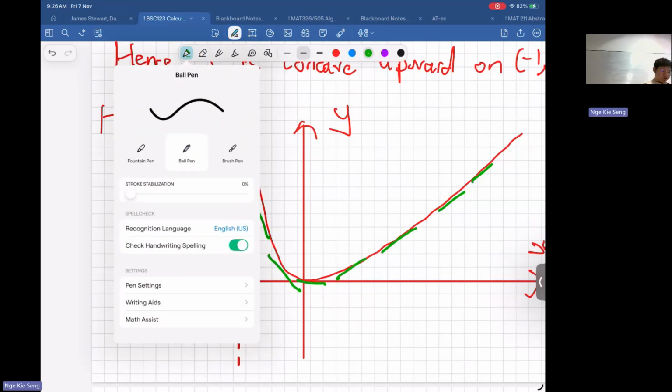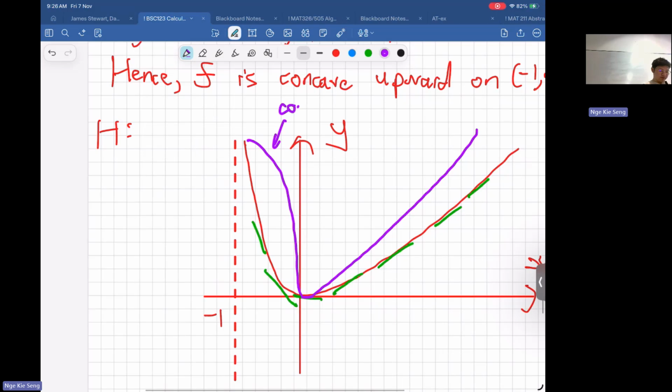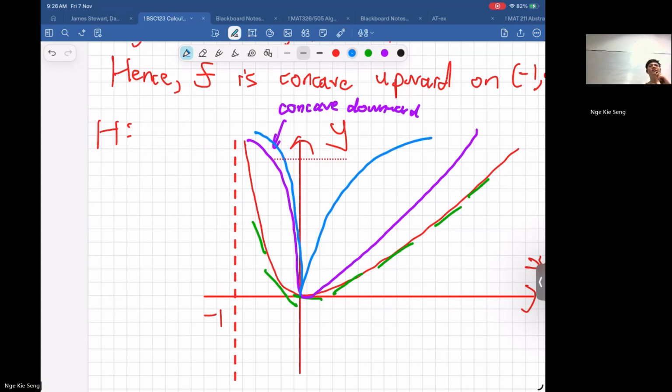Okay. If it is concave downward on the other side, your graph should look like this. Okay or not? If concave downward on both sides, then you get something like this. Does it make sense?